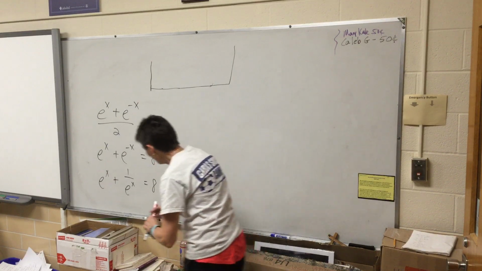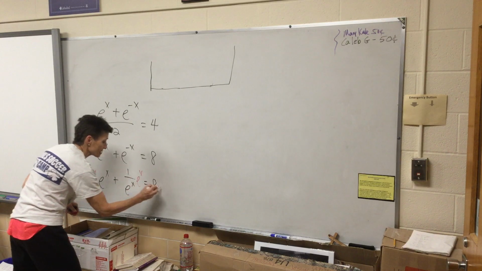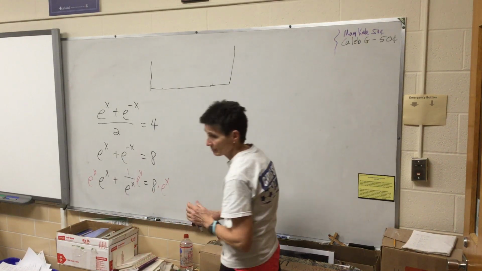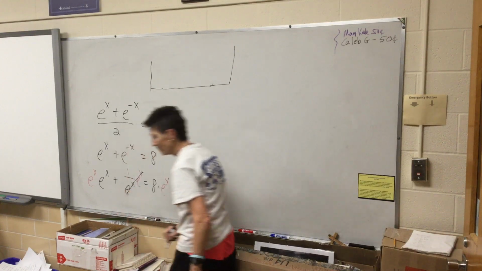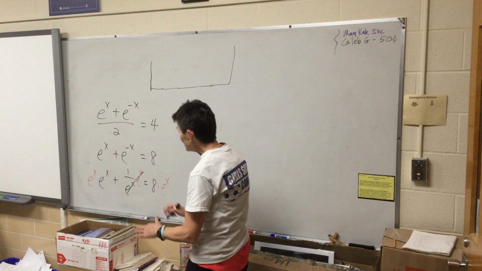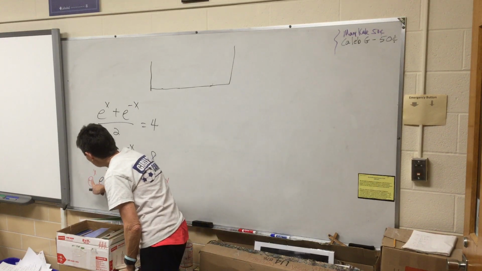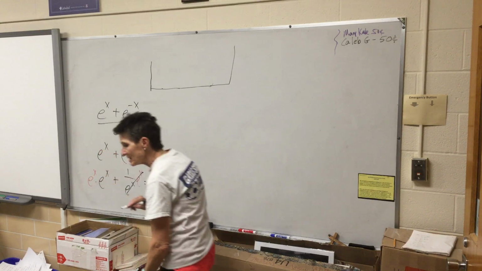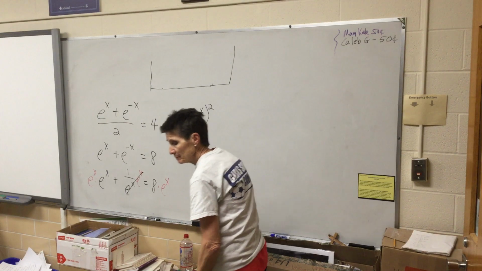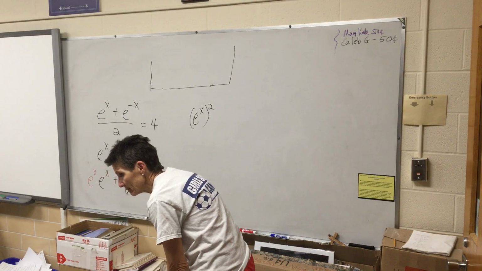So now I'll multiply through by e to the x to get rid of that fraction. See how that's going to cancel there? Now this is the part where sometimes we get tripped up. e to the x times e to the x is e to the x squared, or e to the 2x if you prefer to write it that way.